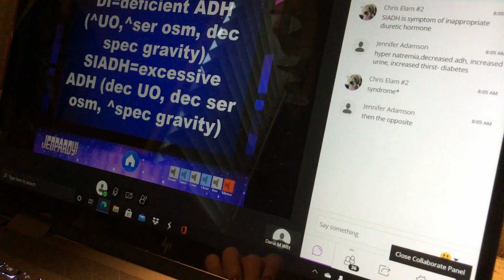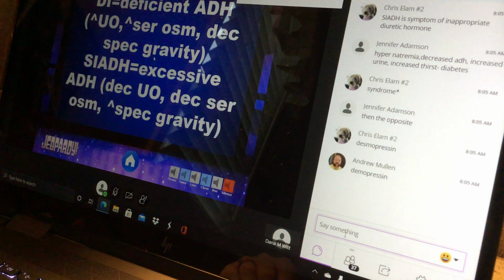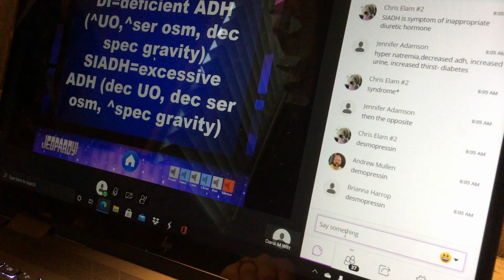Okay, good. And what medication may someone receive if they have DI? Are we ever going to restrict fluids on someone with DI? That's right, desmopressin. Would they ever receive furosemide? No. Would they ever have their fluids restricted? No. Good.